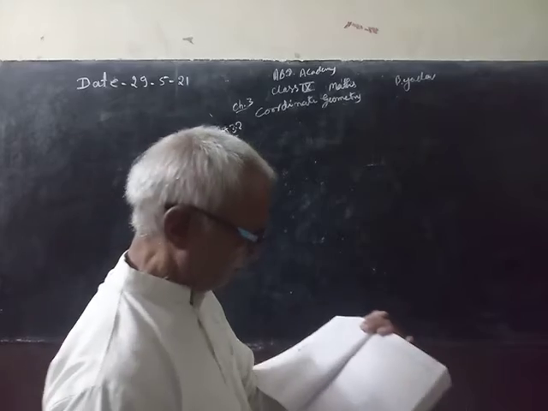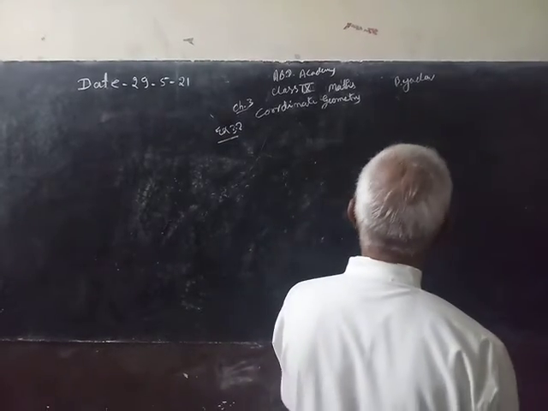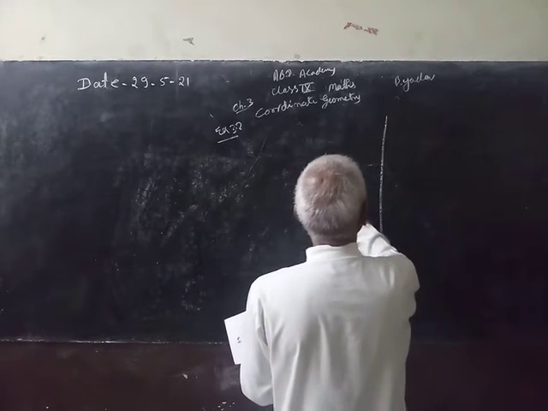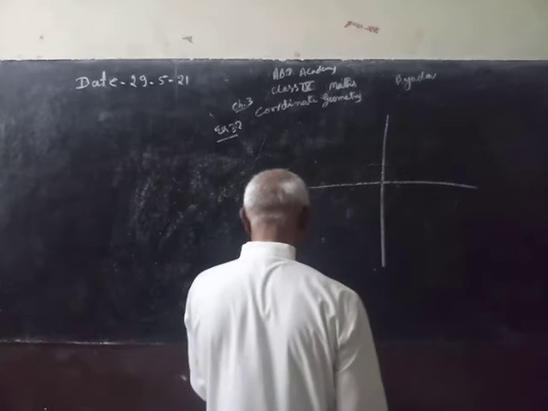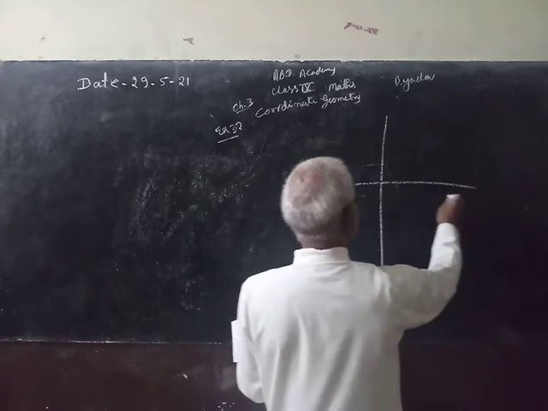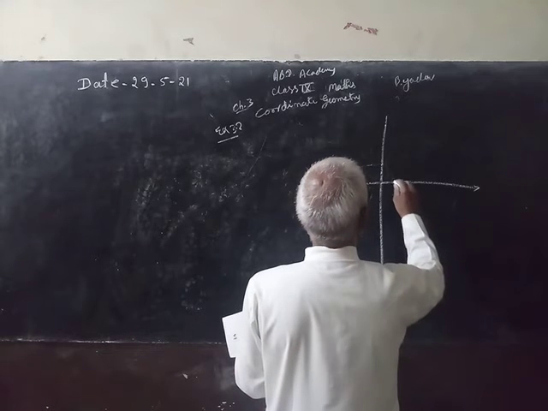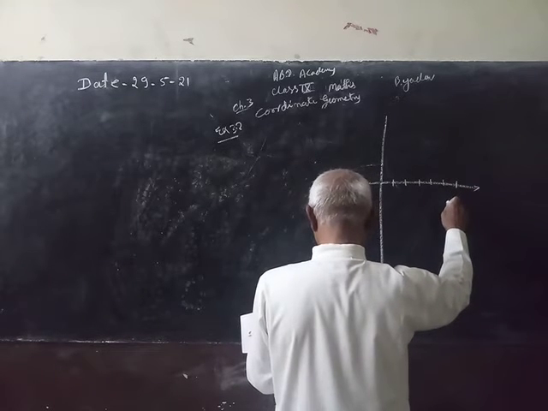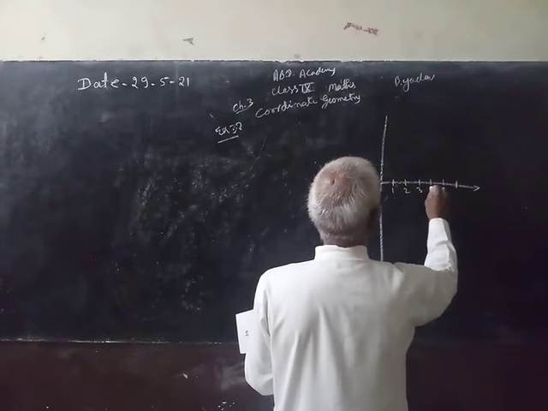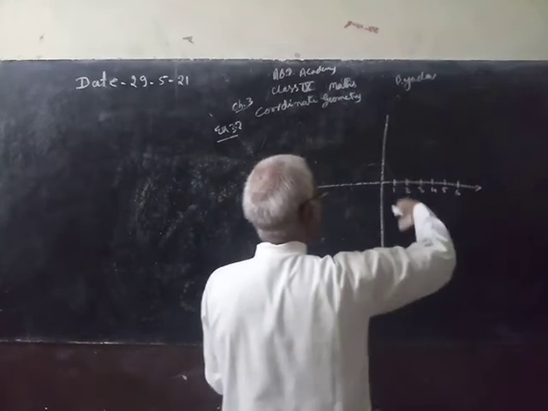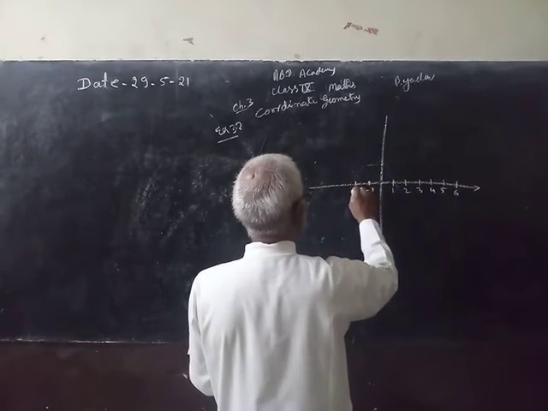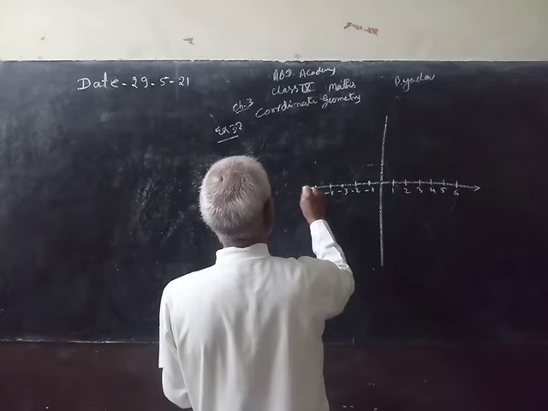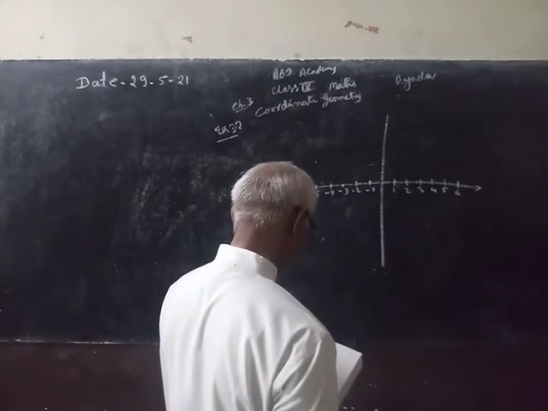Here, see, a figure is made. Here I am making that figure on the board. Like your graph paper, lines are not drawn, but here is the x-axis and 1, 2, 3, 4, 5, 6 up to 6, lines will be like this. Here is minus 1, minus 2, minus 3, minus 4, minus 5, like that, on the x-axis.